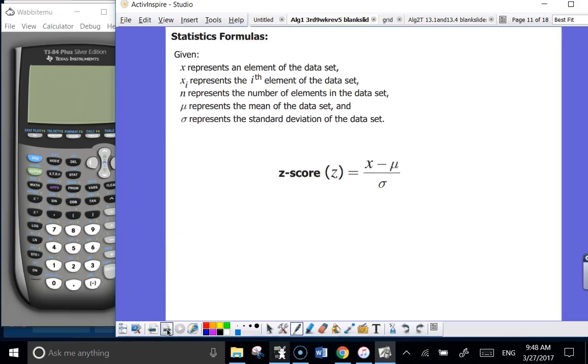Okay, z-scores. This is a formula on the formula sheet, which you will have. There are 4 letters in there: Z, and then X. X just represents one value of data.